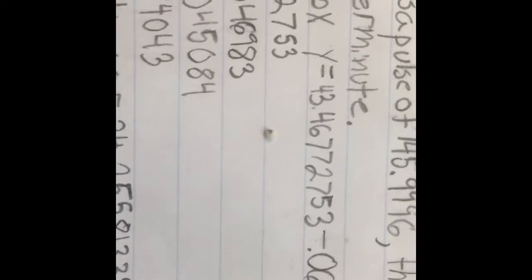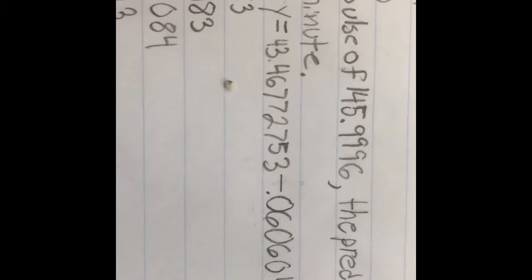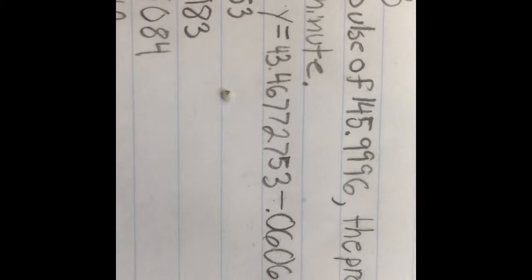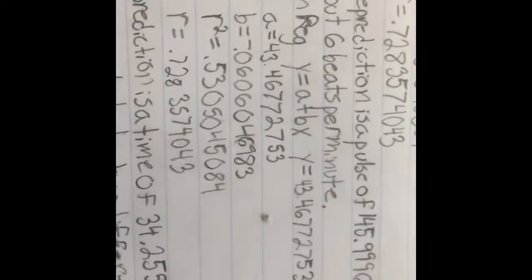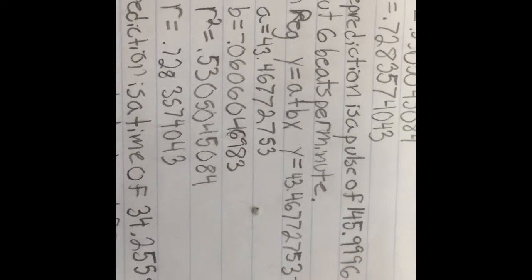When we plug in this equation and put in a pulse rate of 152, we get a predicted time of 34.255 minutes.